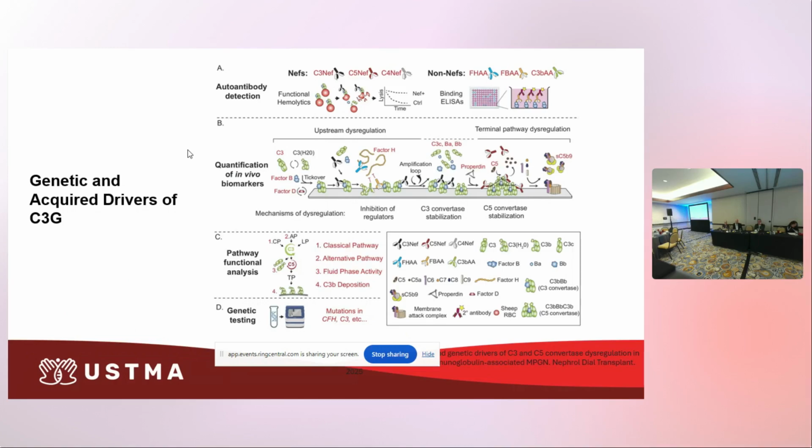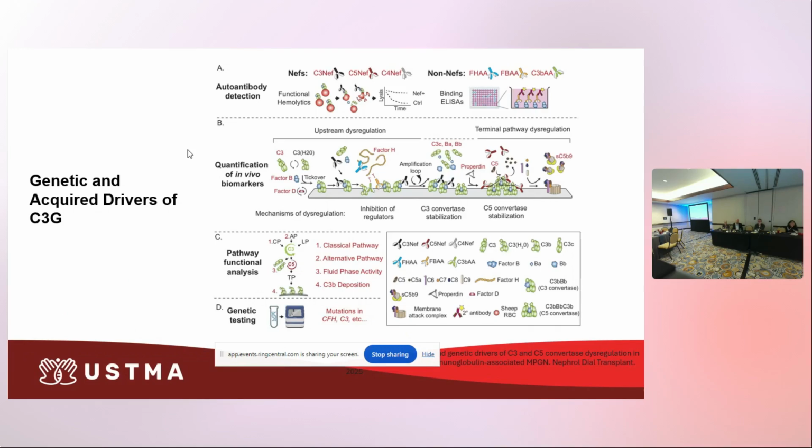These are the tests that are potentially useful in patients with C3G, but it also tells you the different factors that can lead to C3G. There are autoantibodies and genetic factors. So C3 nephritic factor, C5 nephritic factor. We know that most of the C3G is actually an autoimmune disease, an antibody-mediated disease, mediated by autoantibodies called nephritic factors.